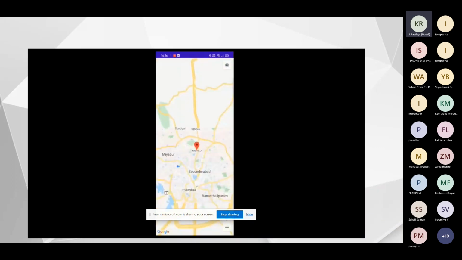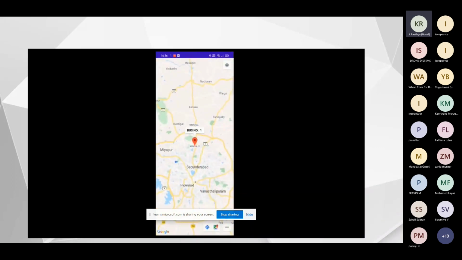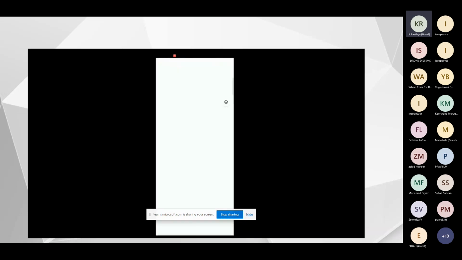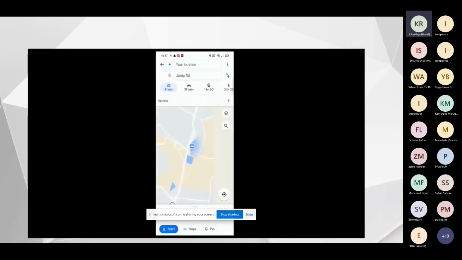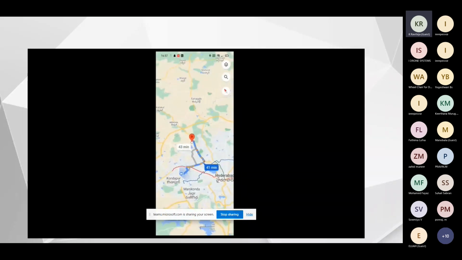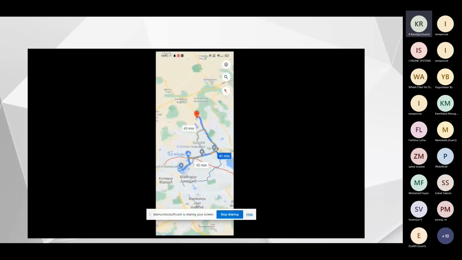By clicking on the red dot, you can see the bus number, and it shows the distance and the time for the bus to reach the destination. The app shows the time and the shortest route for the bus to come to the destination point.